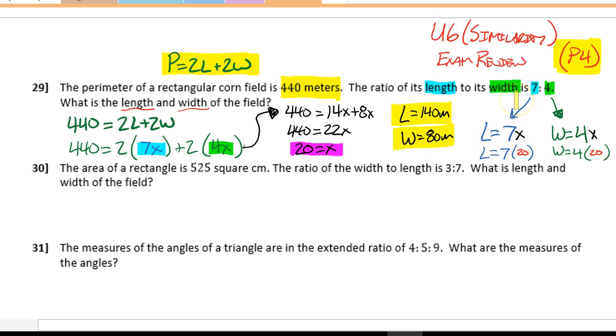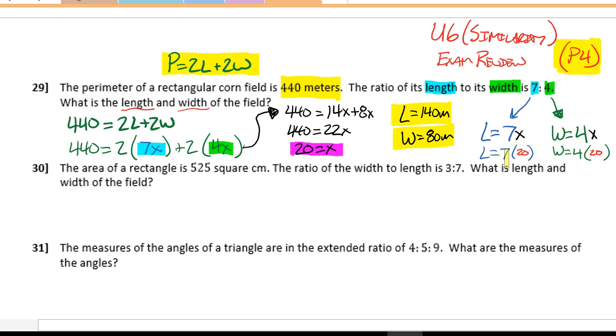Again, this problem started off with a formula for perimeter, 440 equals 2L plus 2W, and then from the ratio of length to width, 7 to 4, they're related by some unknown value x, which allows us to substitute into the formula, simplify, find x, and then resubstitute back in.